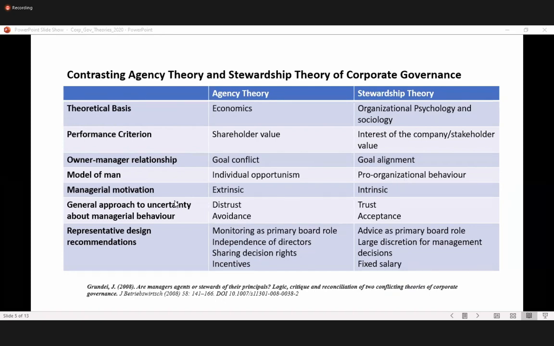And then in terms of managerial motivation, what is the motivation of the agent? Is it extrinsic or intrinsic motives? Extrinsic motives have to do with monetary benefits, perks, perquisites, as you are going to see later in the report of Group 2.